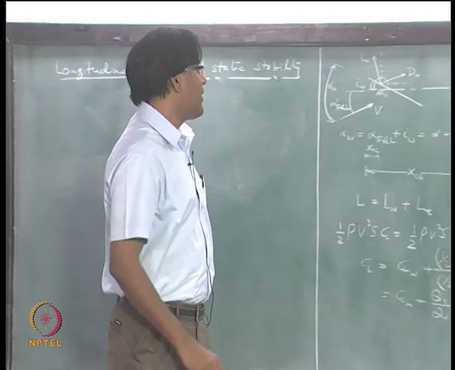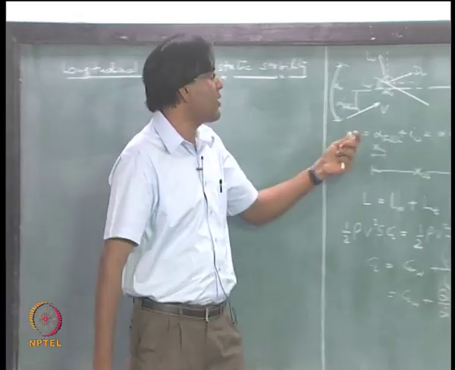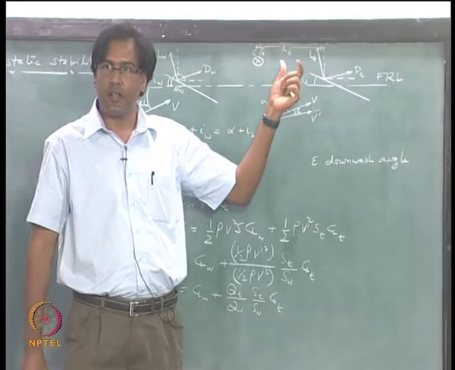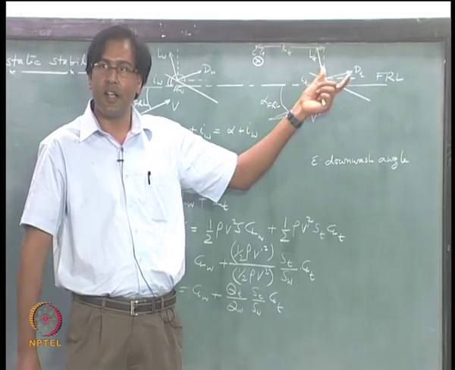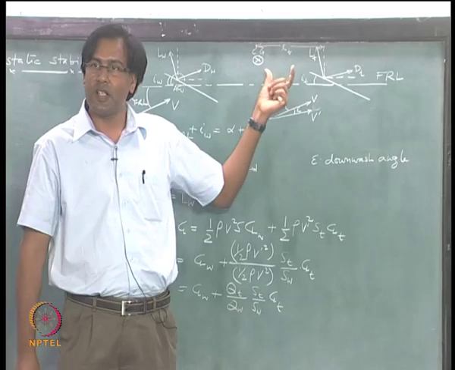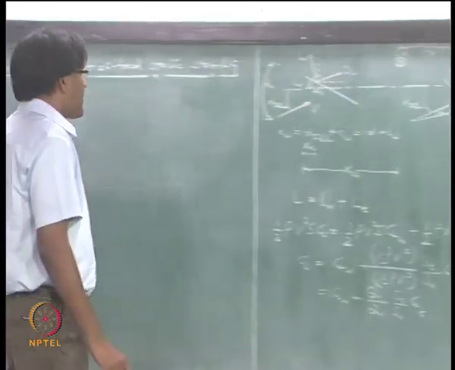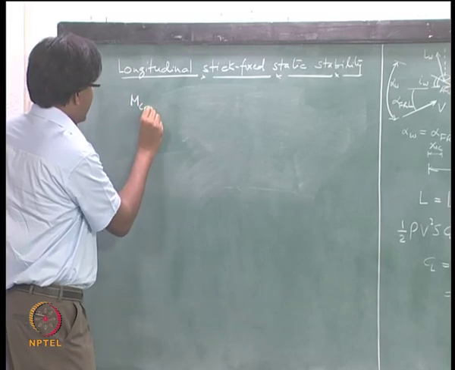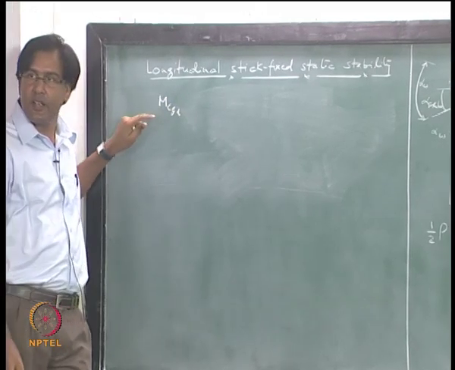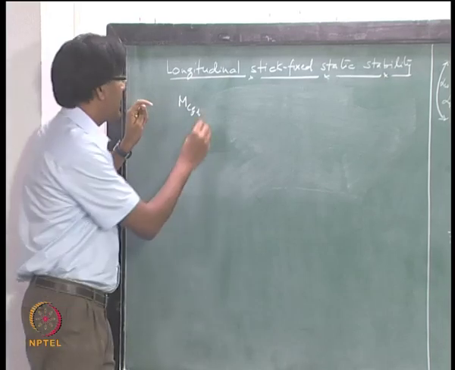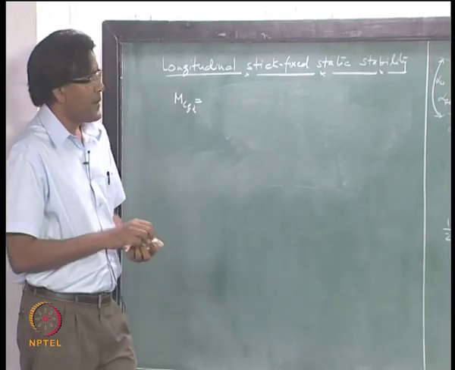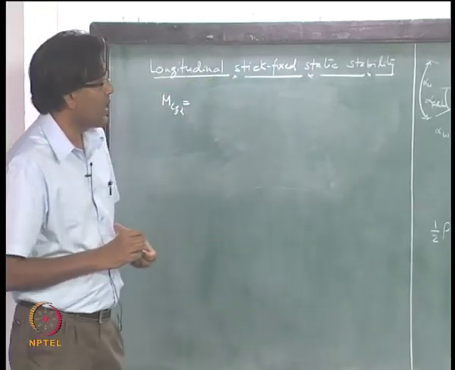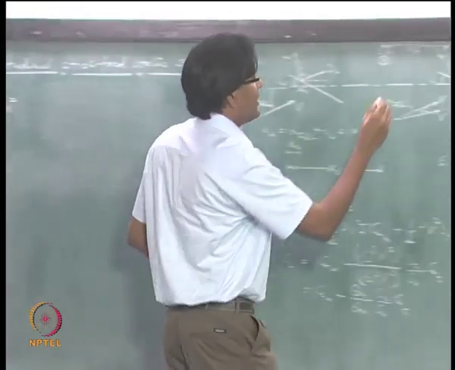Okay, what is our objective? Our objective is to find out the moment of the forces at the tail about the CG of the aircraft. So we want to find out an expression for M CG of the tail. What is that going to be? What is this angle?